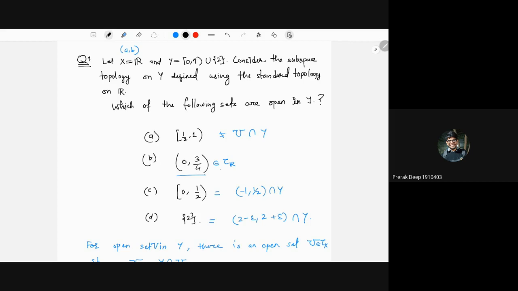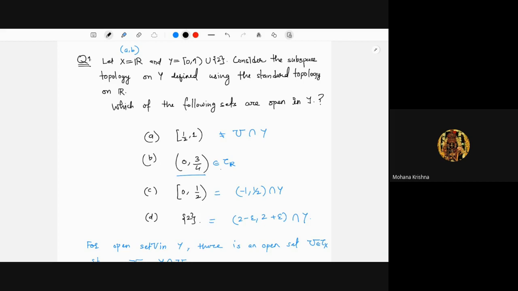Take the first set. Only one is the option that you need to think about. The other three are naturally open.